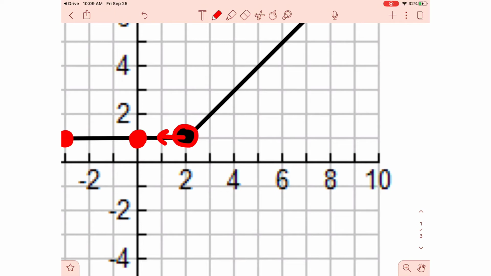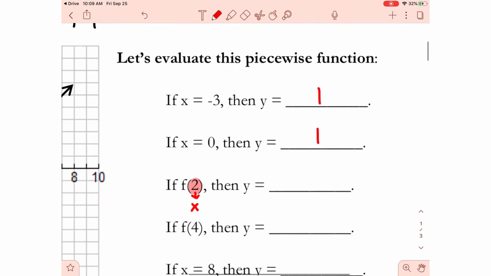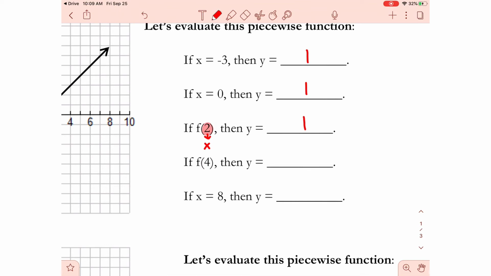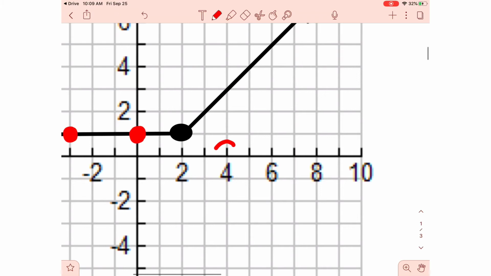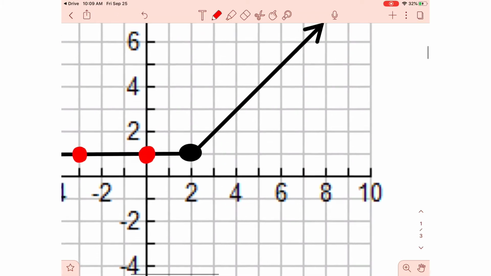Well, once again, it's 1. Let's evaluate f of 4. So now I'm going to go to x equals 4. So here's x equals 4 on my x-axis, and now I get to go to the function. So the function at x equals 4 is right here at this red point, and the corresponding y value is up here at 3. So that's the answer.